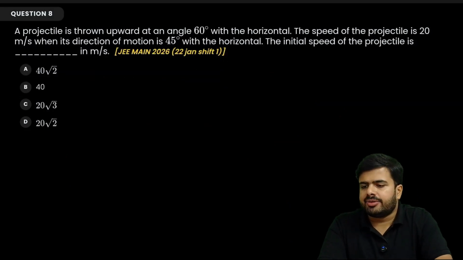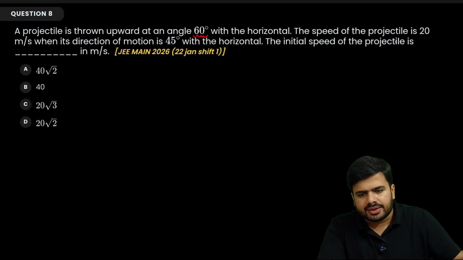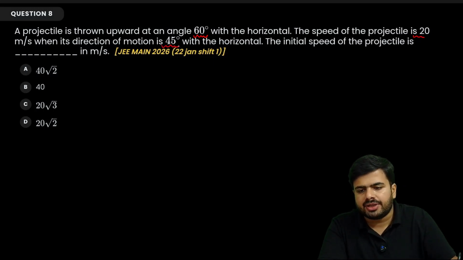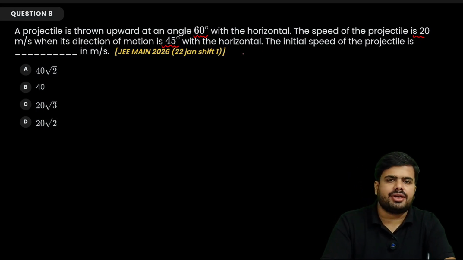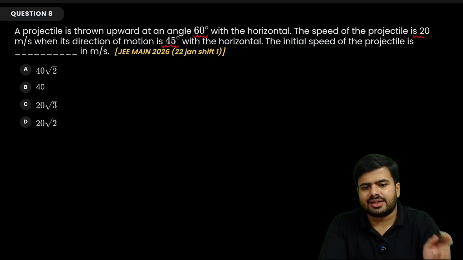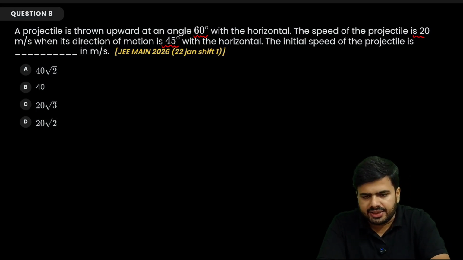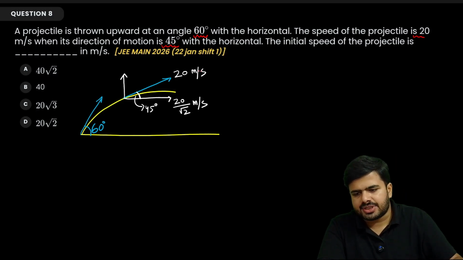See here, they have given that the projectile is thrown upward with an angle of 60 degrees. So the initial angle of projection is 60 degree, and the speed of the projectile is 20 meter per second when its direction of motion is 45 degree with the horizontal. We have to find the initial speed of the projectile.